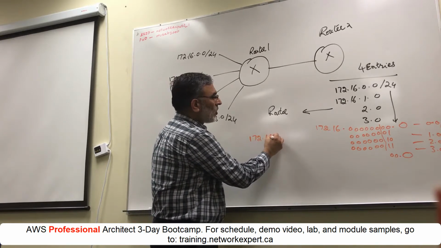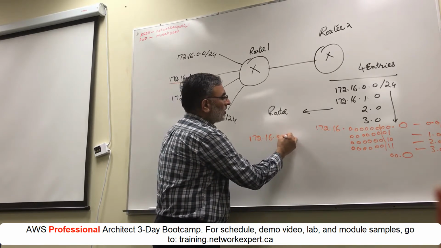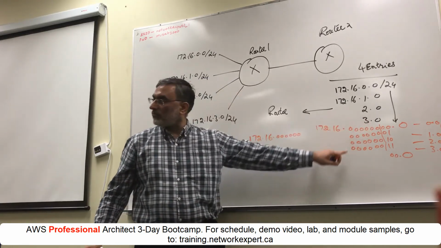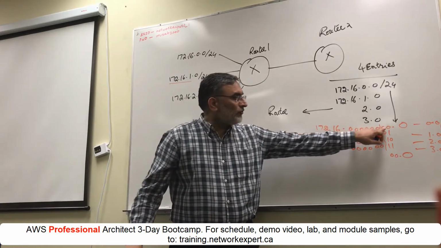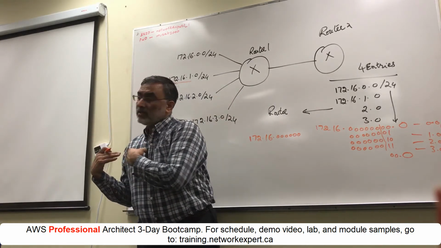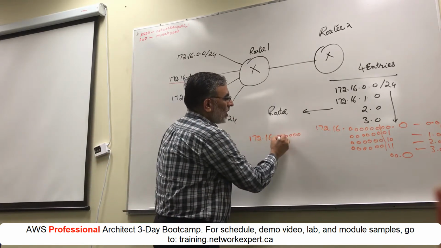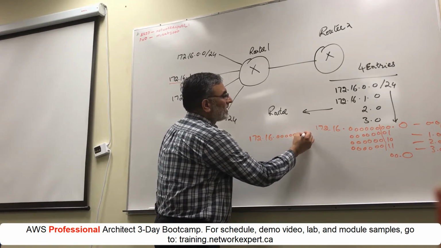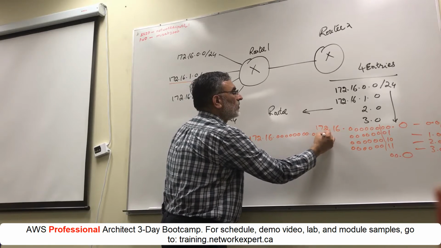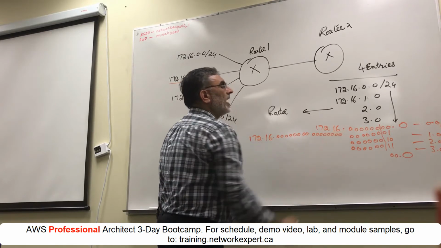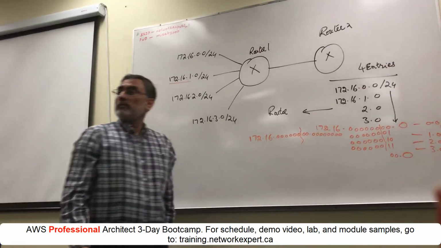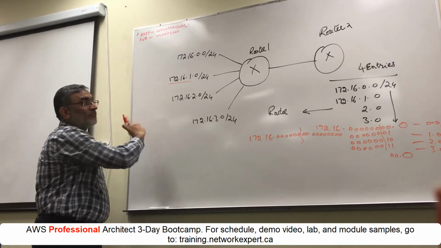The 172.16 and the first 6 bits of the third octet are common in all 4, and these 2 variable bits, I know all the variables, they are on my side. So I can squeeze it from 24 to 22.